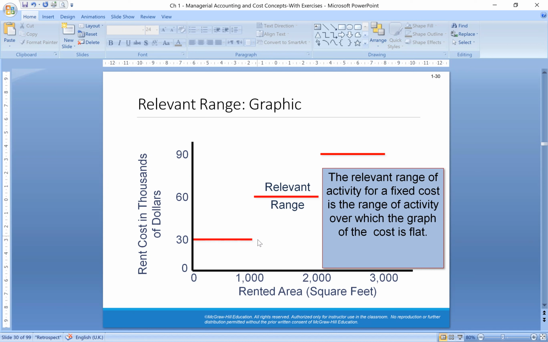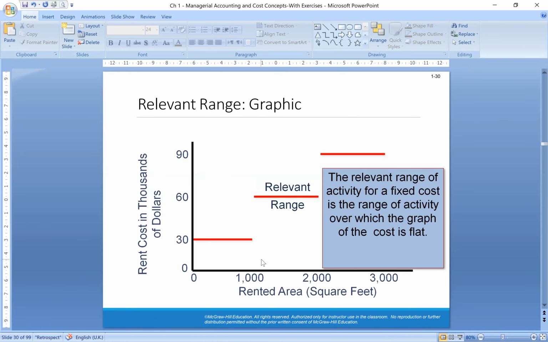Now, if we need additional square feet, it cannot be gradually increased per square foot. So we need another space or another capacity, which means another 1,000, and the cost will go in a step fashion, not gradually. So we are jumping from $30,000 to $60,000. Why? Because we are increasing our space from 1,000 to 2,000 square feet. So the relevant range of activity for a fixed cost is the range of activity over which the graph of the cost is flat.